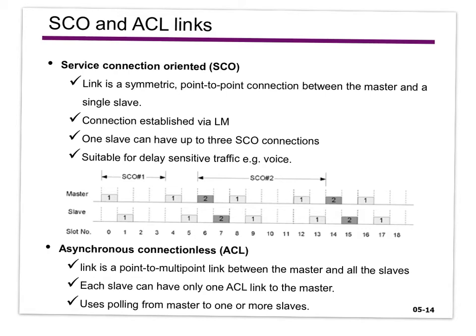These time slots are pre-allocated at the beginning of the communication. Any other time slot can be allocated to all the other ACL links dynamically throughout the time. But they are not pre-allocated, which means that implicitly we're giving more priority to SCO connections than the ACL links, right?